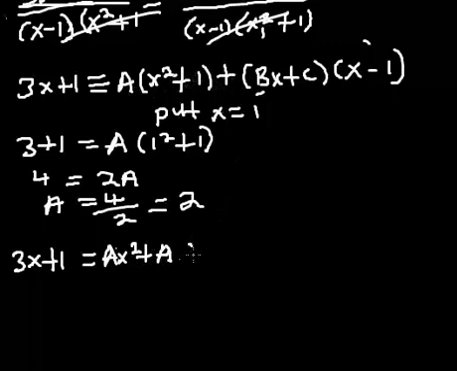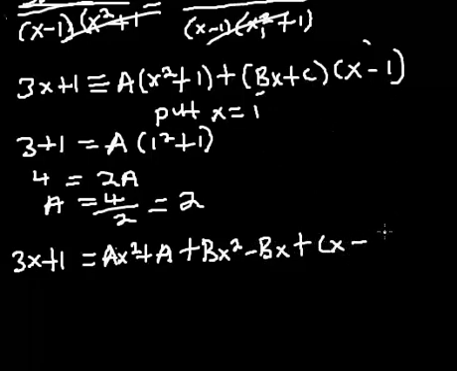Then I have to expand the other bracket too: bs multiplied by s, I have bs square, bs multiplied by 1, I have bx, c multiplied by x, I have cx, then c multiplied by 1, I have minus c.